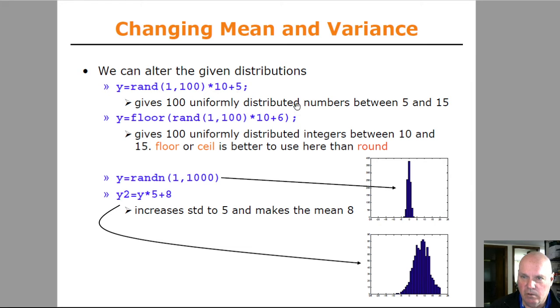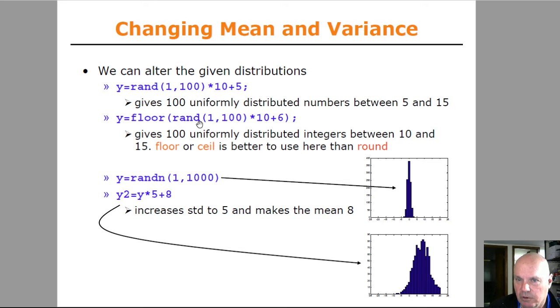If you want to generate uniformly distributed just integers, in this case they would be between 6 and 15. What you can do is multiply the random number generator, which again produces numbers between 0 and just up to 1, by 10.